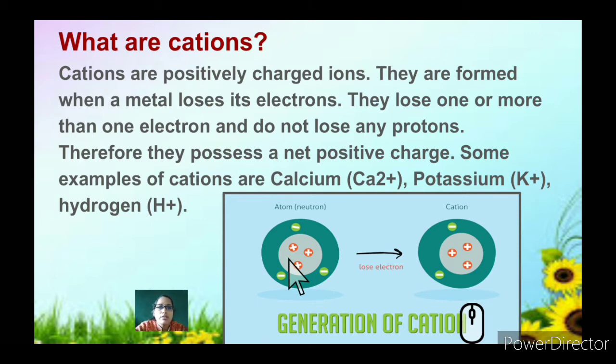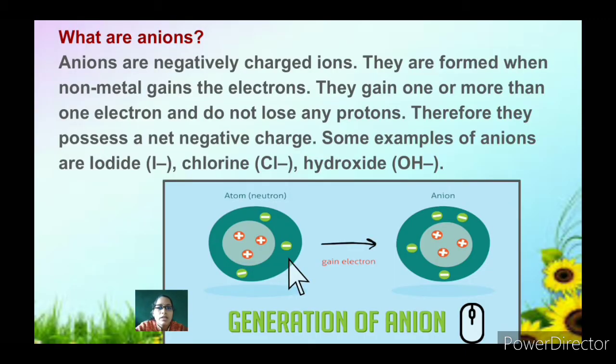Then what are anions? It's just the opposite of cations. You can see here that this anion is going to gain the electron given by another atom or a metal. Usually metals will give the electrons and non-metals will take or gain the electrons.